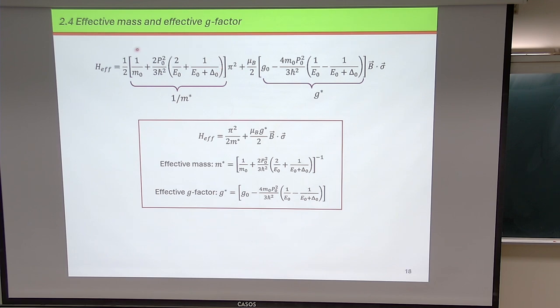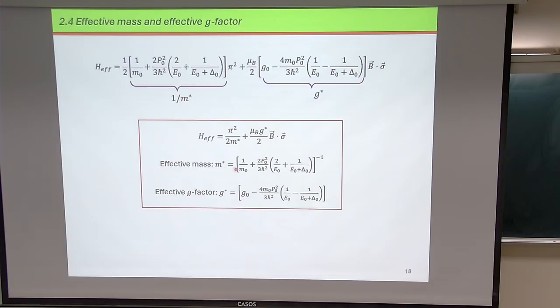This term here looks a little bit like 1 over the mass, and this is the way we define the effective mass. Now we don't have just 1 over m naught, which is the mass of the electron when it is free. The electron is not free now, it's in this material, so it acquired this other contribution here, and the mass gets renormalized, so you get a new mass for these electrons, or quasi-electrons.